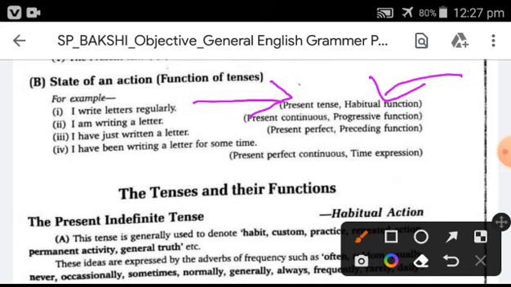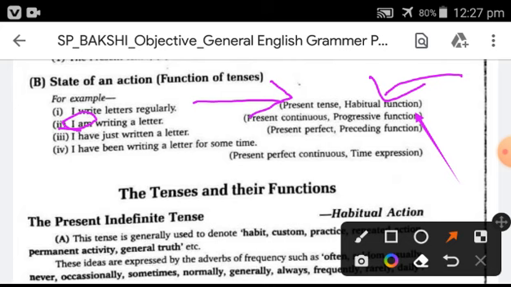In the second sentence, what type of work is done by I? Here I is a subject. Is it clear to all? Then what type of action is done by I in the second sentence? Your answer must be progressive function. It is continuous, means I am writing a letter right now.